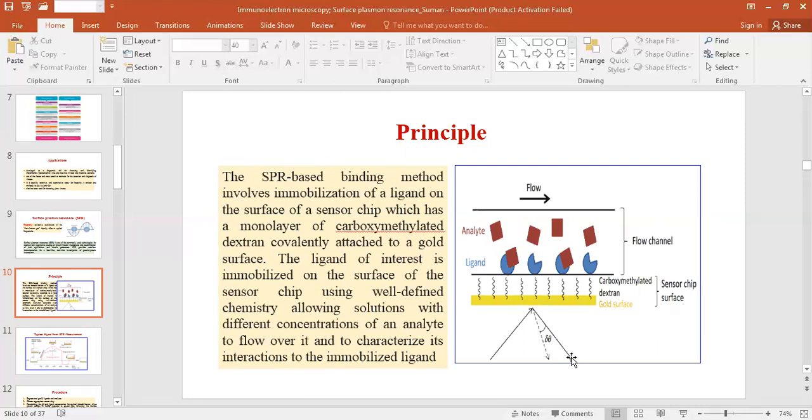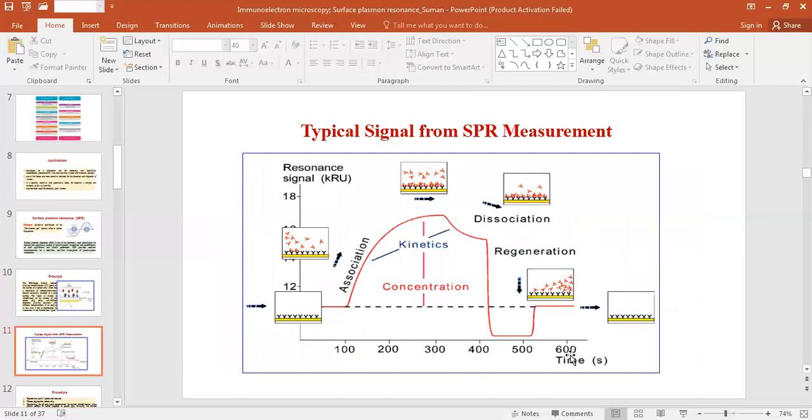So the response signal is quantified in resonance units, and represents a shift in the response angle, where one response unit is equal to a critical angle shift of 10 to the power minus 4 degree, or 10 to the power minus 12 gram per millimeter square.